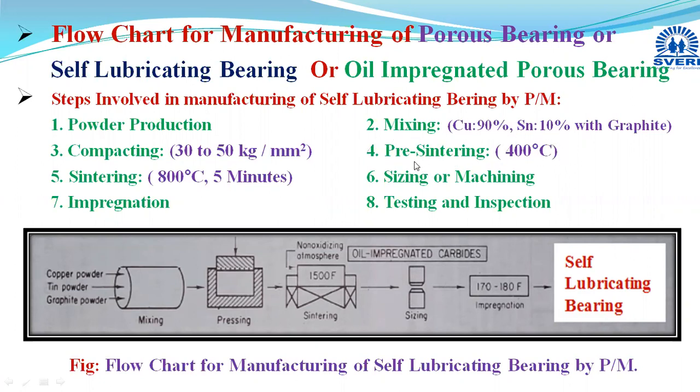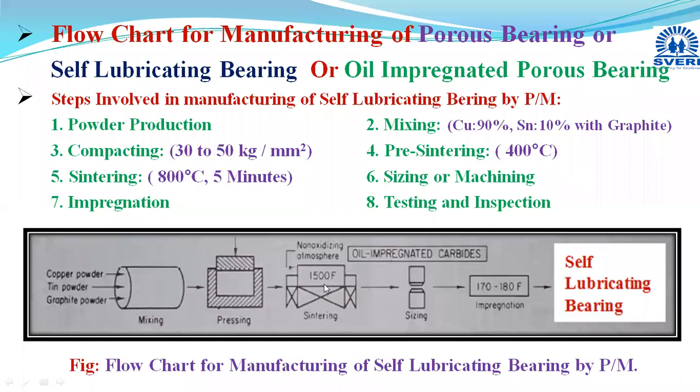In the pre-sintering process, by heating that green compact at 400 degrees Celsius, whichever lubricants like graphite or silica you have added are removed, and then that component is given to the sintering stage. Okay, so after doing pre-sintering, the next step is the sintering, and this is the symbol for the sintering stage.